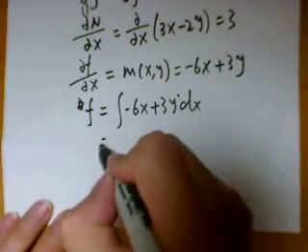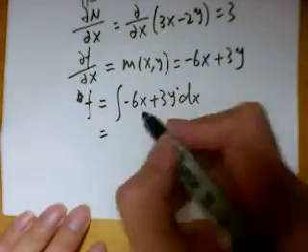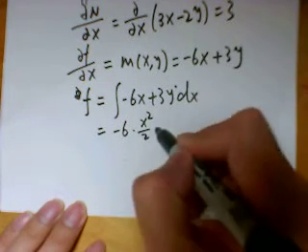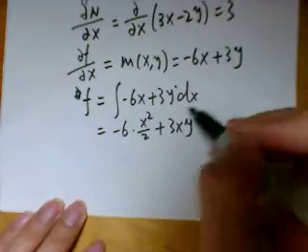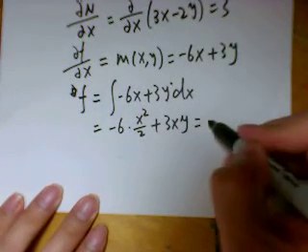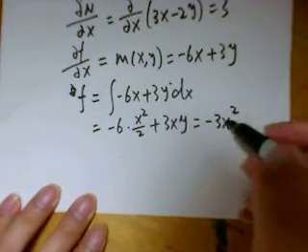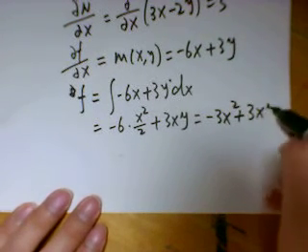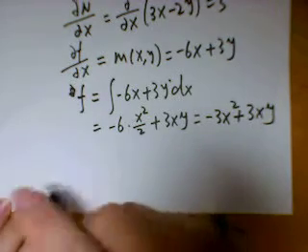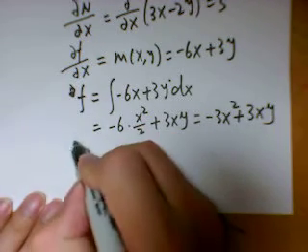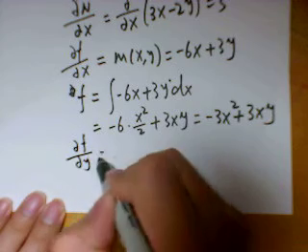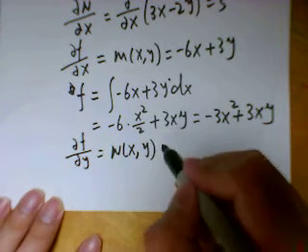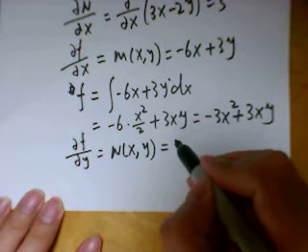And we're gonna get negative 3x squared plus 3xy. And for the other one, partial f over partial y equals N, and this guy is gonna give you 3x minus 2y.